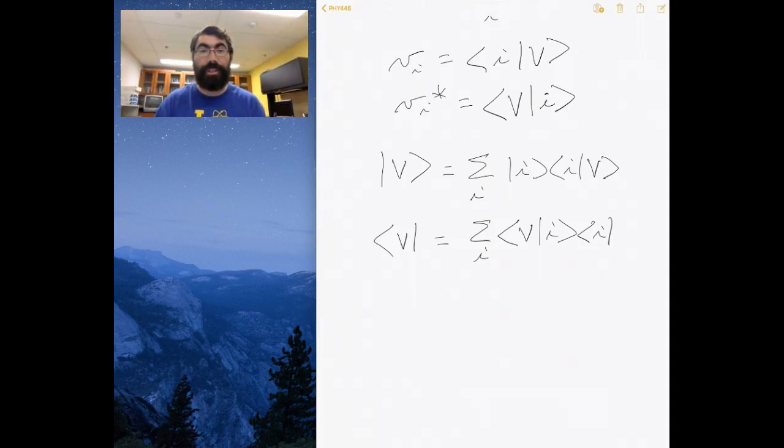Eventually we'll have to calculate those coefficients if we want to get any real numbers and compare to the real world. But right now we're just setting up the formalism so we have a common language to talk about the bras and the kets of a vector space.